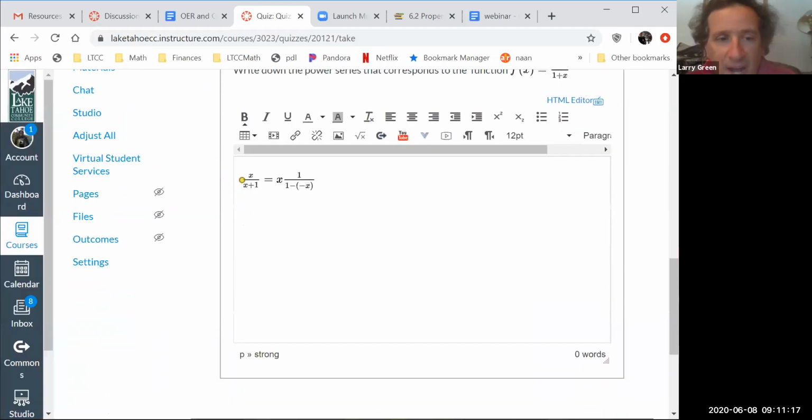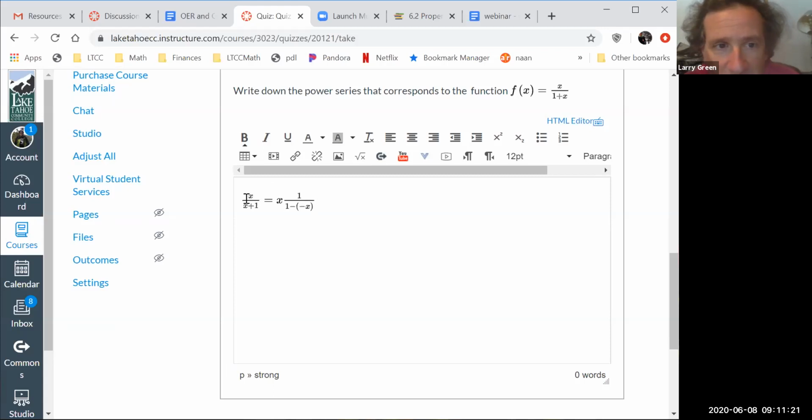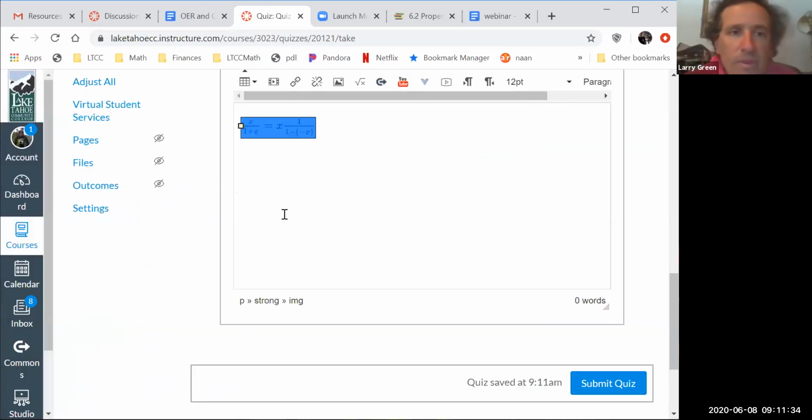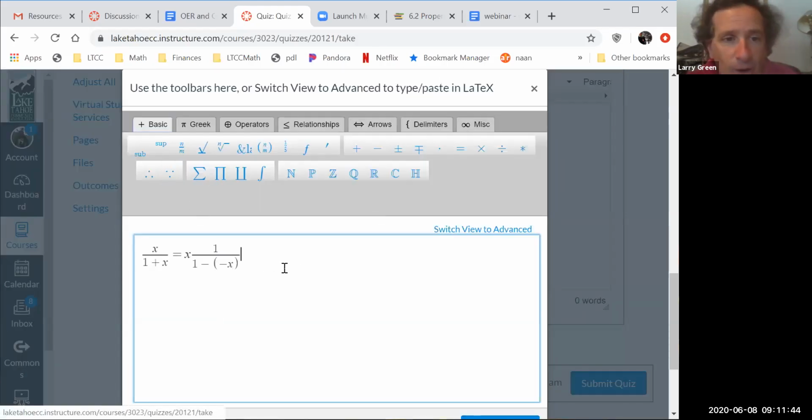So it's kind of massaging what you had to start with. I think it was a 1 plus x, so maybe I'll fix that so it looks prettier. All right, so now that's a geometric series, and for a geometric series we have a formula. That's the whole point. It's the only one we know right now.